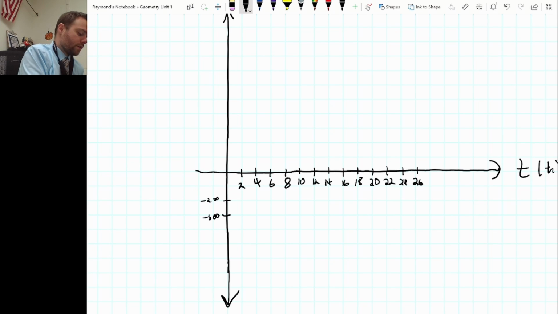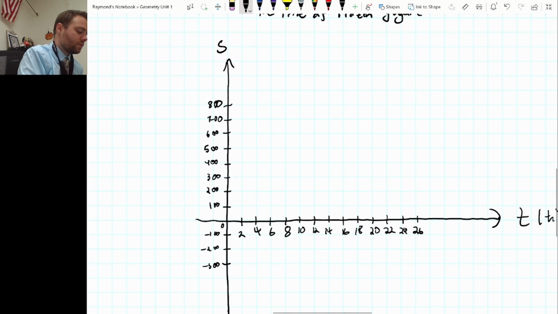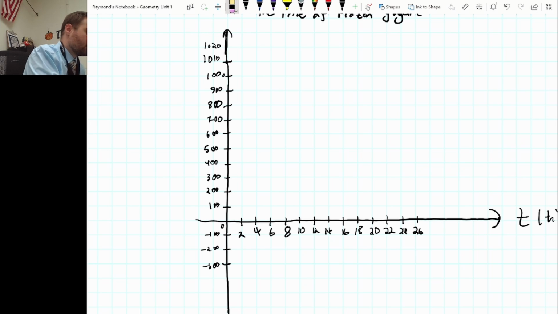Then I've got negative 200, negative 100, 0, positive 100, 200, 300, 400, 500, 600, 700, 800, 900, 1,000, and extend that graph up, 1,100, and then 1,200, right there.